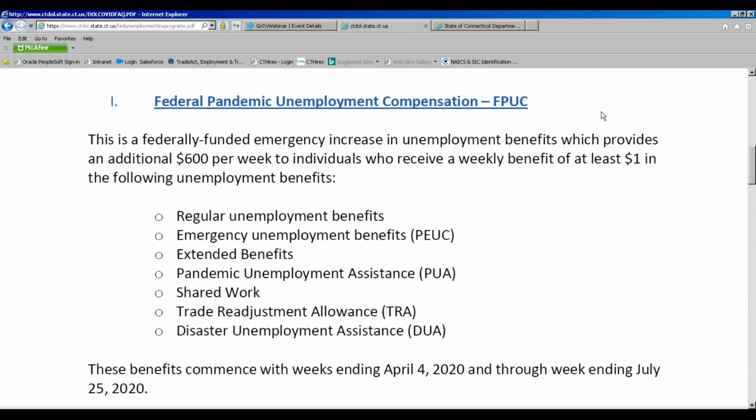So once they're in the system on Monday, you would first be eligible and able to file on Tuesday. So even though the email says to file on Sunday, we're trying to work that out. But as of right now, I'm just advising people to try to file their continued claim on Tuesday following that email.